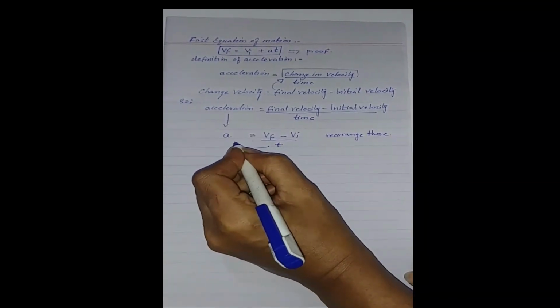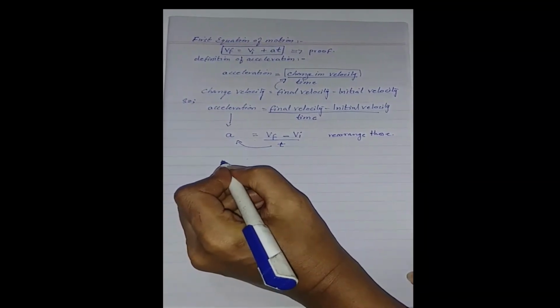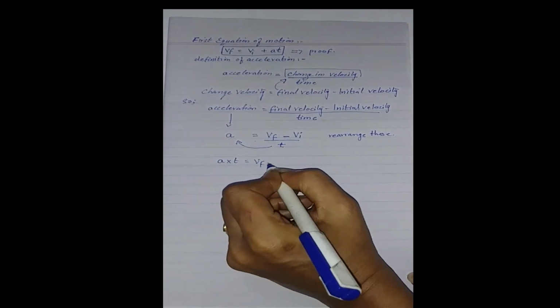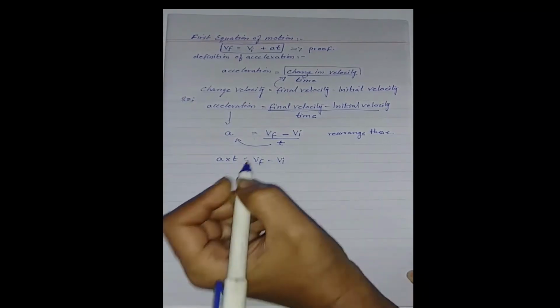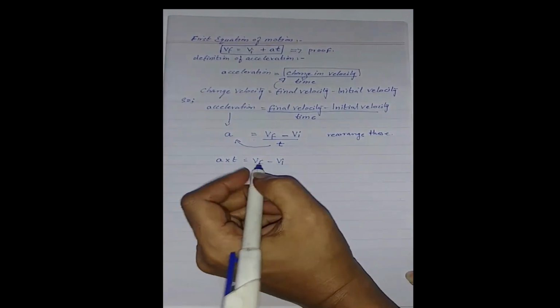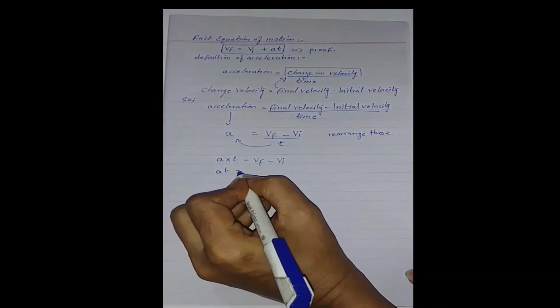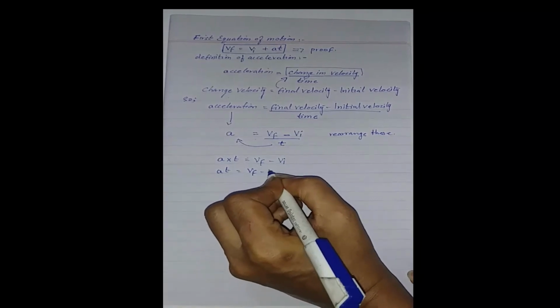If t goes over there, then it will become a into t, Vf minus Vi. Here it will be At equals Vf minus Vi.